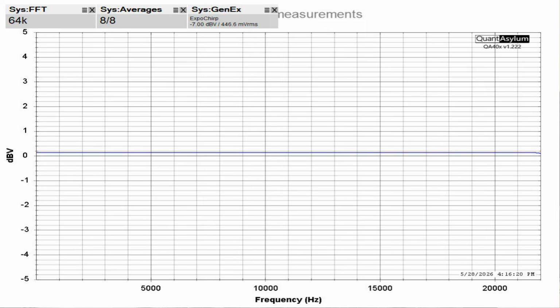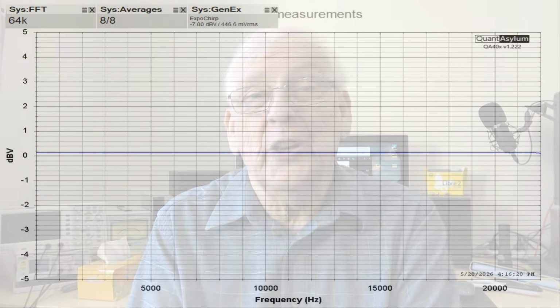So that's why the line you're seeing on this graph is a straight line. The frequency response of the preamp is about 3 hertz to 160 kilohertz, about a quarter of a dB down. Now I have in fact shown this on previous videos, so I won't repeat it again.